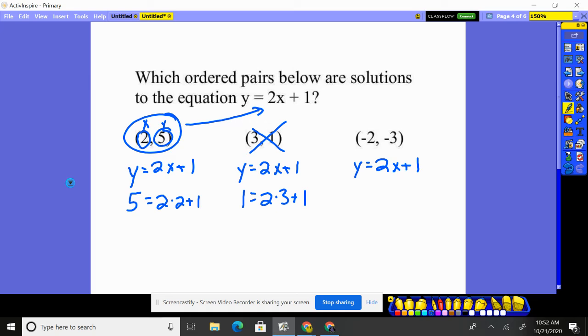Plug in, okay, Cecil gave you some negative numbers. x is negative 2, y is negative 3. So y is negative 3, x is negative 2. Let's see, negative 3. What's 2 times negative 2? Negative 4. Negative 4 plus 1 is negative 3. Yes, it works. That point is a solution to the equation y equals 2x plus 1.